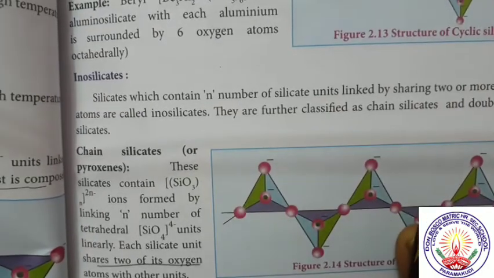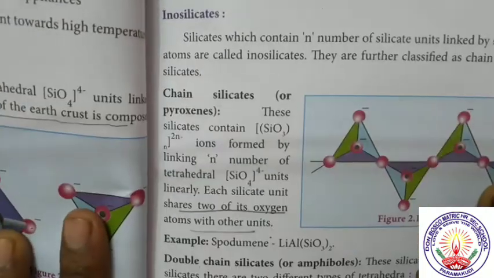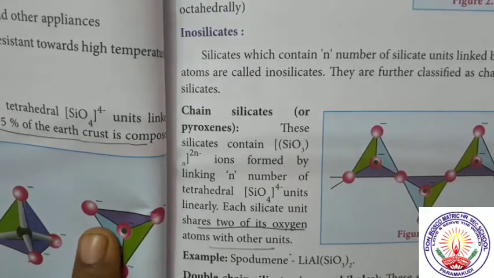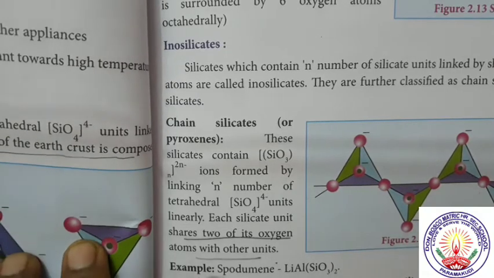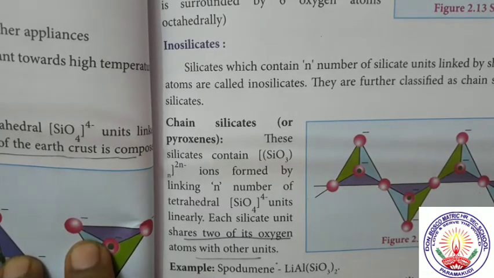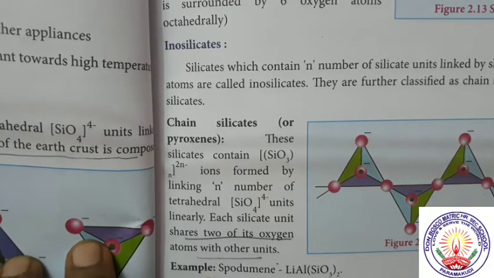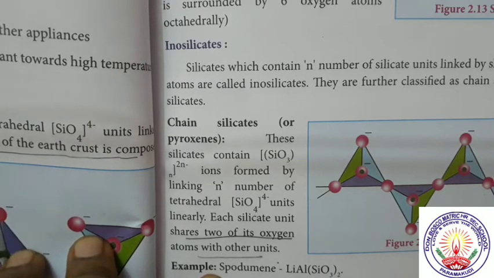Next one is inosilicates. These inosilicates contain a number of silicate units. It can have any number of silicate units by sharing two or more oxygen atoms.